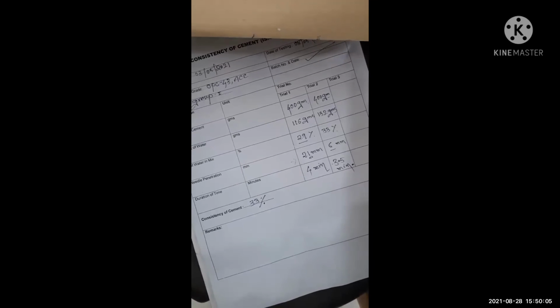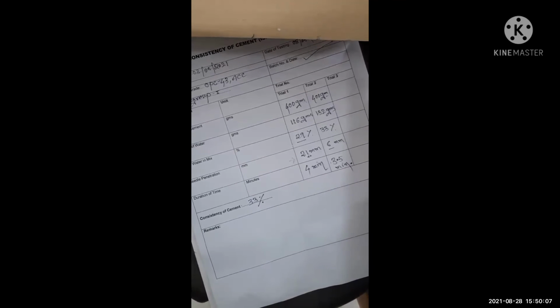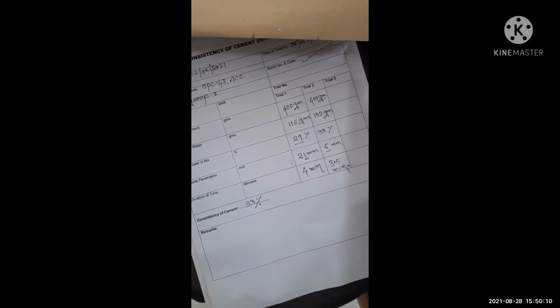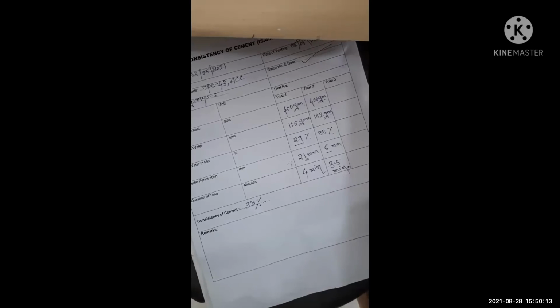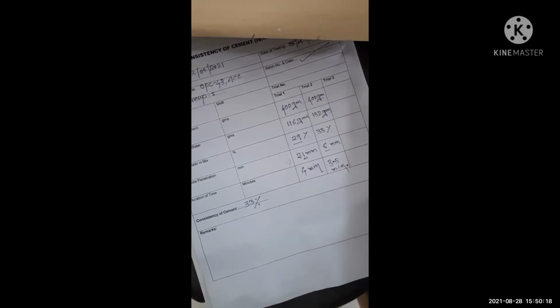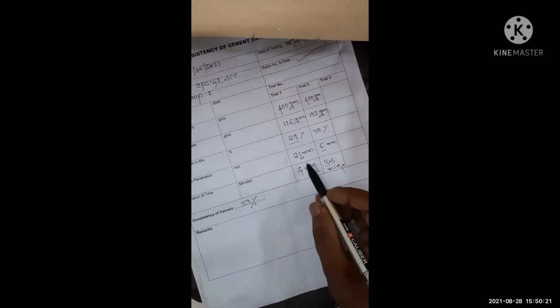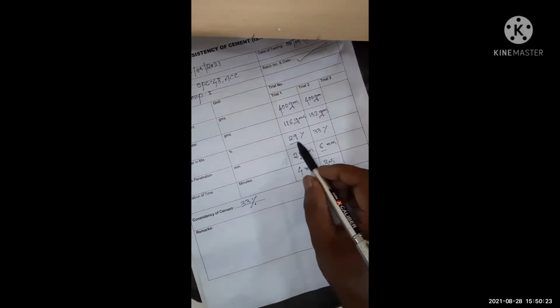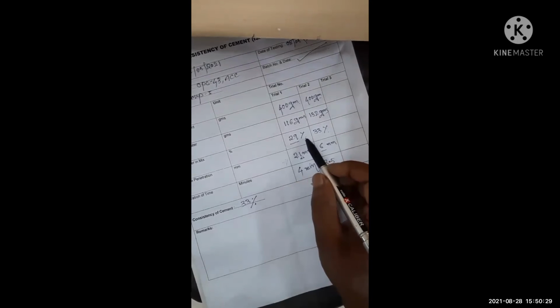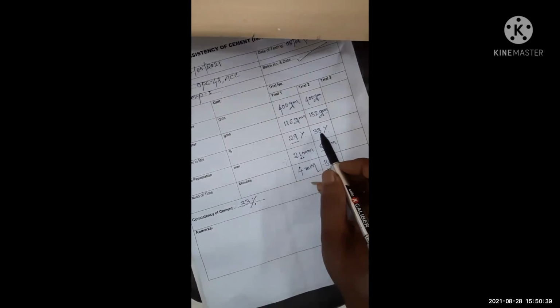Now, keep in mind one thing: in this experiment, actually we have done a total of 2 trials, but you may have 3, 4, 5 or more trials. In our first trial, we assumed 29% water, but in trial 2, we added 4% more water. But you may have to do this in a total of 3 or 4 trials.